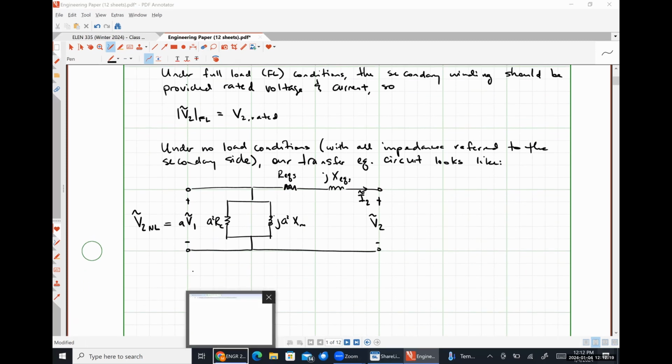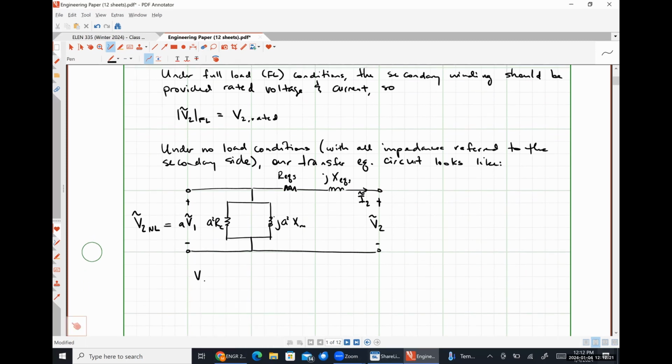So we can say that V2 under no load conditions is just going to be this open circuited V2, which is actually just the rated voltage, plus whatever I2 is, times the equivalent resistance of the secondary and the equivalent reactance of the secondary.